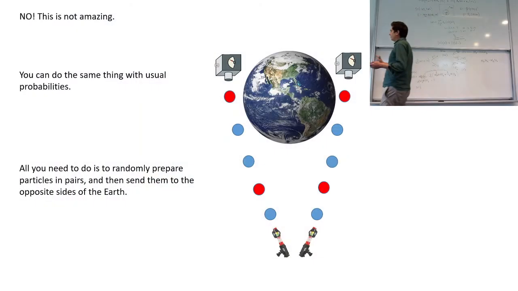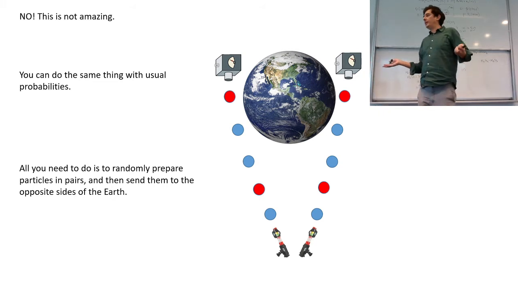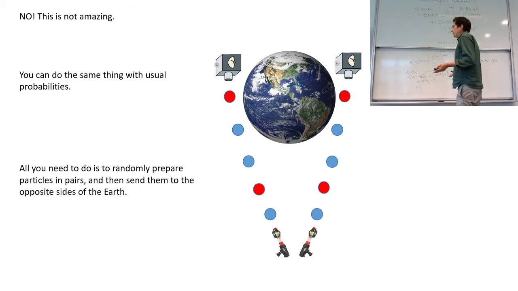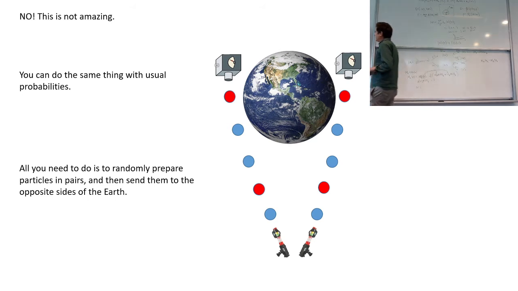Actually, this is not amazing yet, because you can completely have something similar with just regular probabilities. Probability theory also has correlations. We don't have to have this exotic quantum theory to have correlations. For example, you could have exactly the same kind of result in this classical setup.